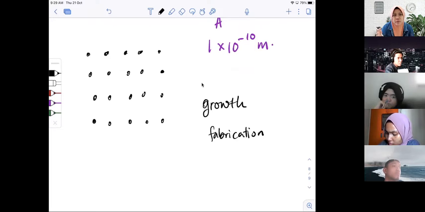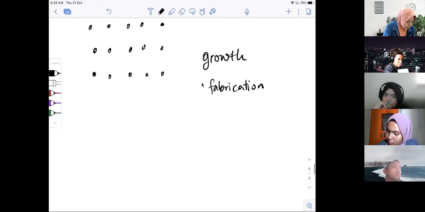That's also called fabrication. But growth is just the semiconductor material, while fabrication can be growing the material plus adding contacts to it. So for the purpose of this class, we just say growth. Growth is just the semiconductor alone. We don't talk about the contacts yet.